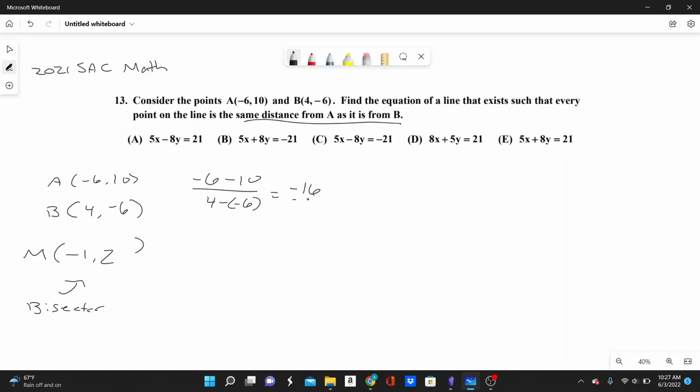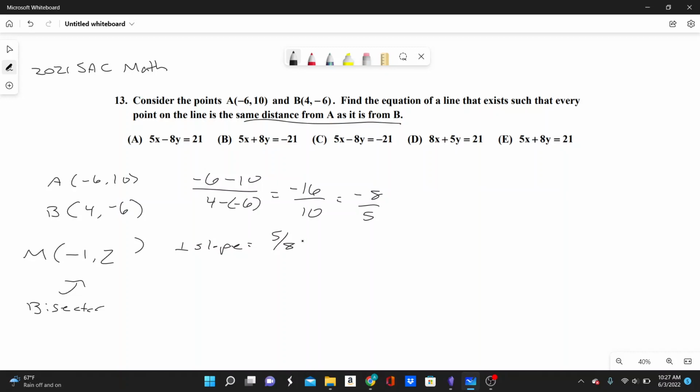So that'll be -16 over 10, which is -8/5. So that's the slope between A and B. Now the perpendicular slope, you just need to take the negative reciprocal. So the perpendicular slope will just be 5/8.